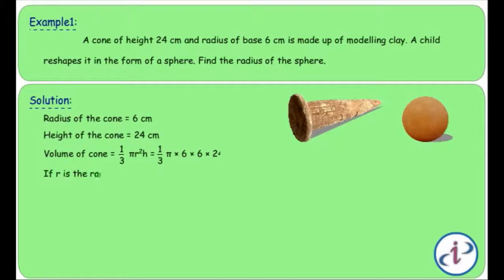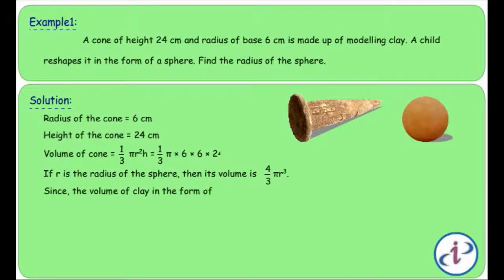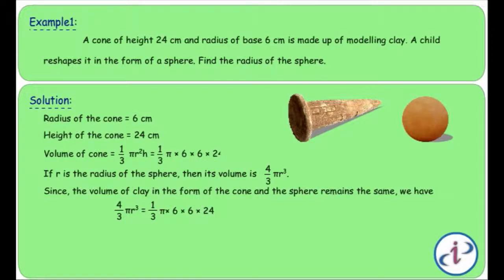If r is the radius of the sphere, then its volume is 4 by 3 pi r cube. Since the volume of clay in the form of the cone and the sphere remains the same, we have 4 by 3 pi r cube is equal to 1 by 3 times pi times 6 square times 24. Simplifying it, we get r is equal to 6 centimeters. Therefore, the radius of the sphere is 6 centimeters.